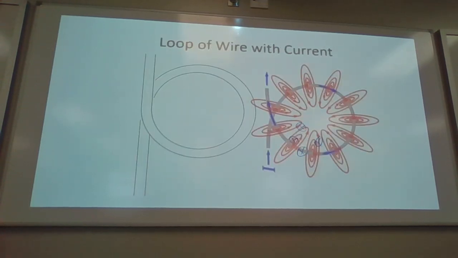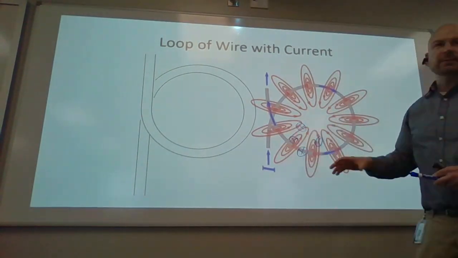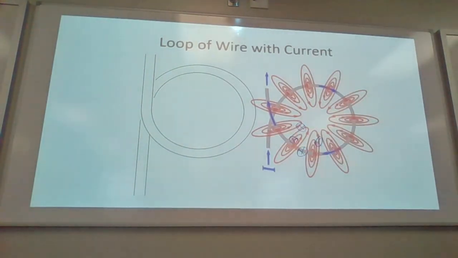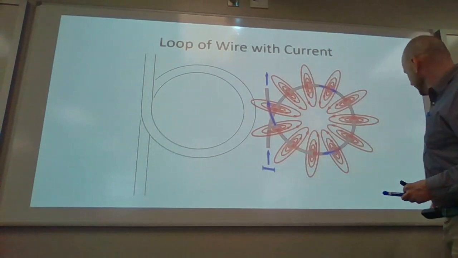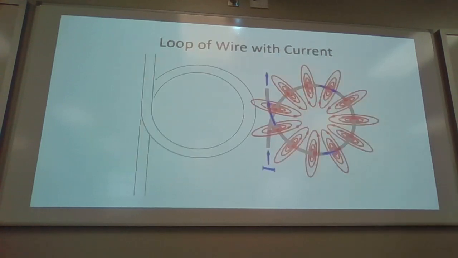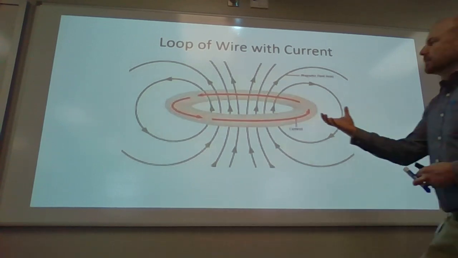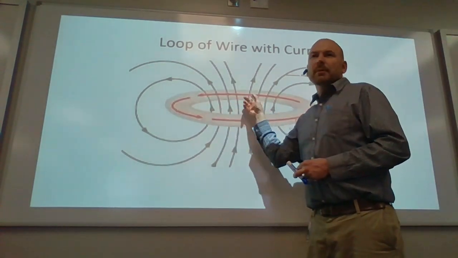Usually it's a circle, but the same effect. The magnetic field is going in the same direction at all parts. So when we add all these together, you get this type of pattern of the magnetic field. The magnetic field is strong in the middle.